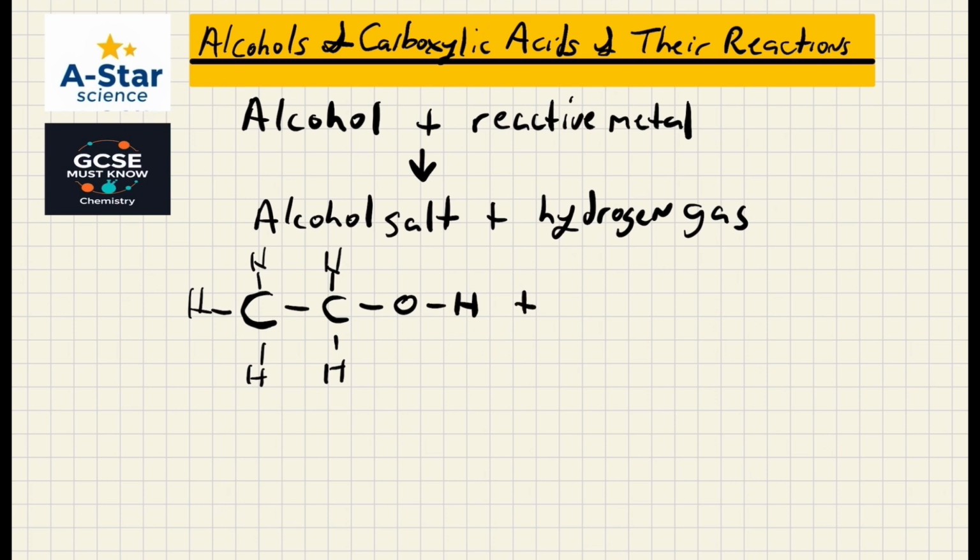And we added the metal, for example, sodium. You're going to then see this alcohol act as an acid. And that means it's going to donate an H plus. And so that's going to dissociate.